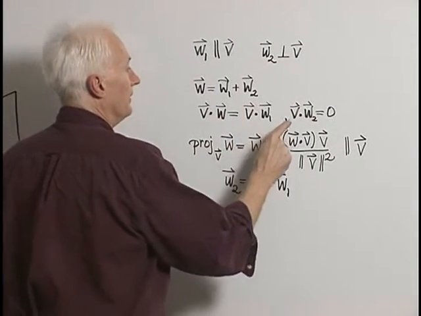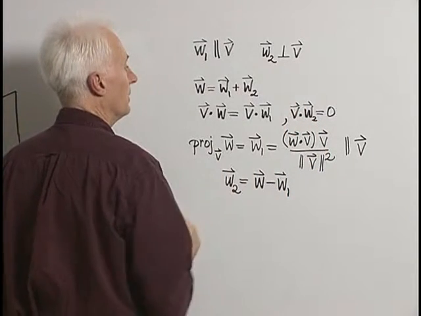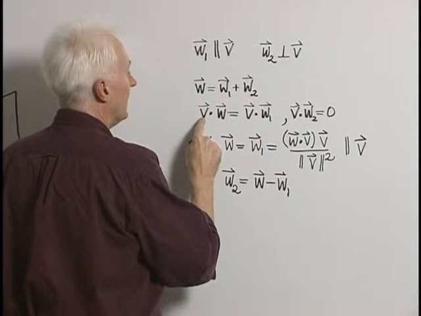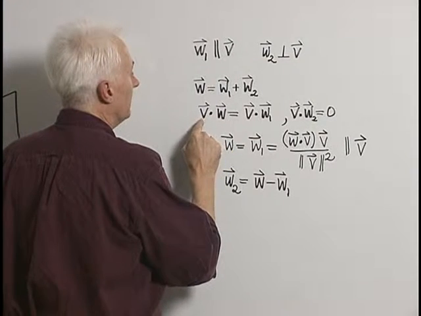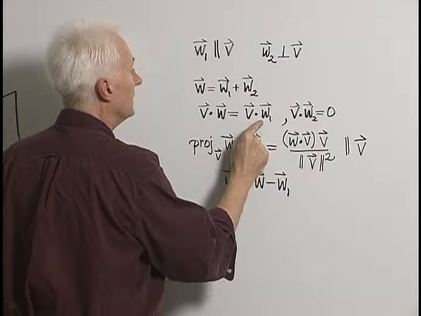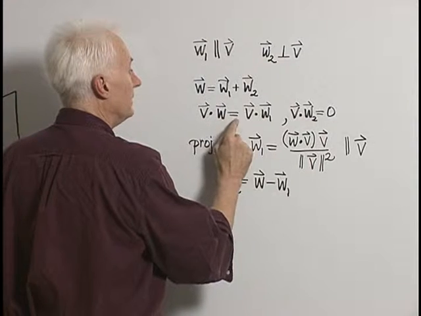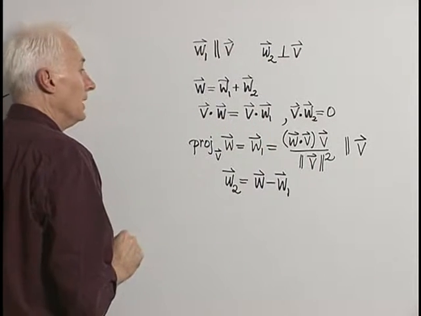First off, v dot w2 has to be 0 because w2 and v are perpendicular. What happens if I dot v with w? v dot w is v dot w1 plus v dot w2, but that's 0. So v dot w is the same as v dot w1.